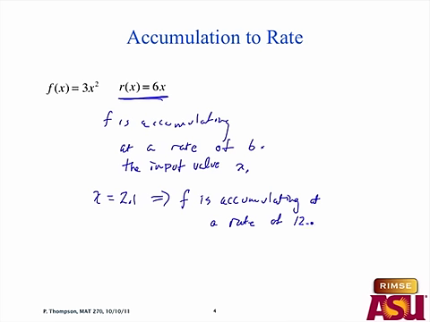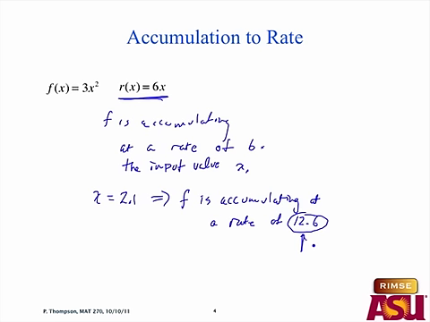Now, what does that have to do with x and y? So if we know at x is 2.1, the rate is 12.6. Tell me how that relates to the quantities x and y. If the rate is 12.6, what does it have to do with x and y?